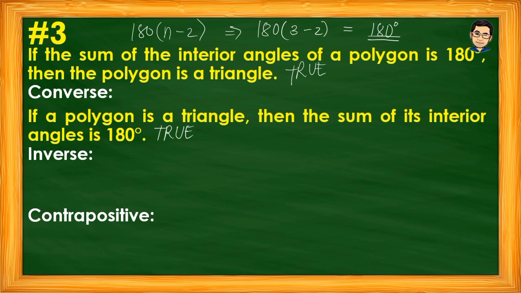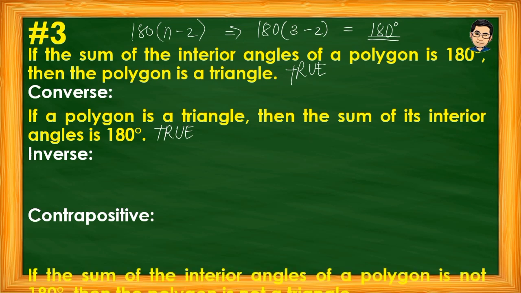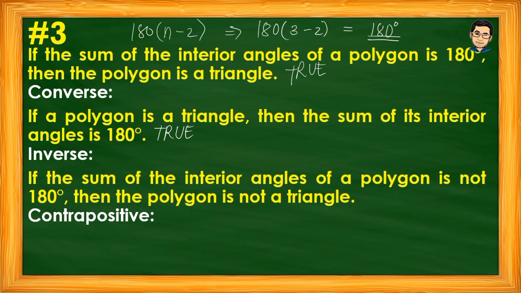So what about its inverse? So if the sum of the interior angles of a polygon is not 180 degrees, then the polygon is not a triangle. So kung yung sum ng interior angles ng given polygon ay hindi 180, malamang hindi po triangle yung given polygon. So this is also a true statement.